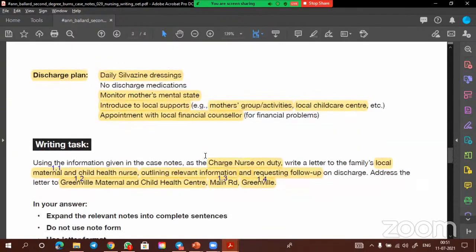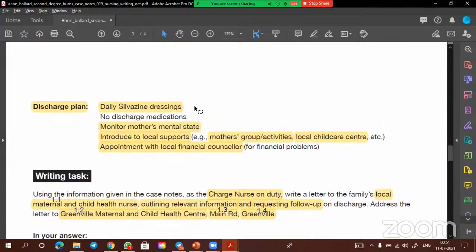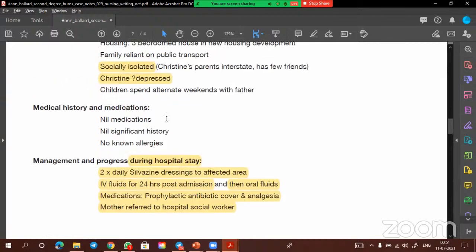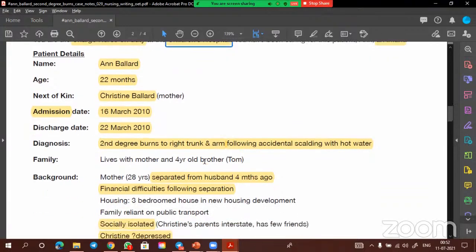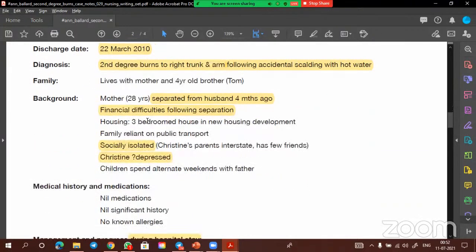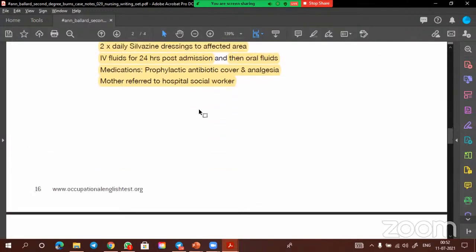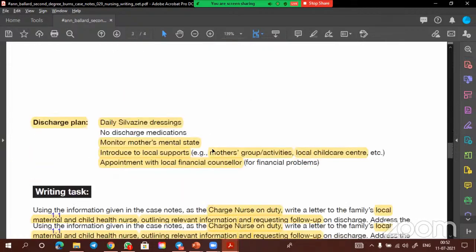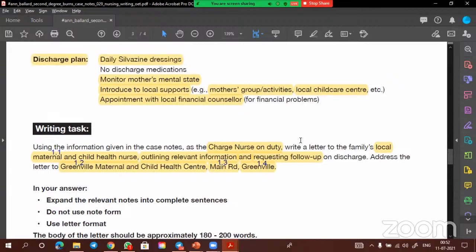Any other date is given? Fine. So this is the discharge date. Nothing else.